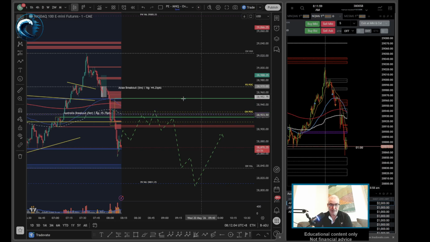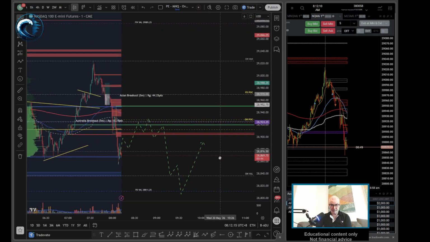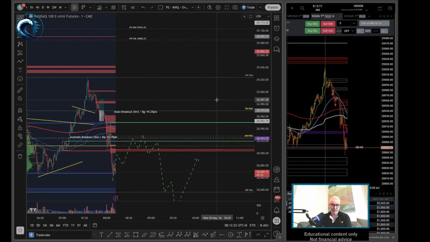Alright, so it'll either chop around here for a good few hours, and then come and take these levels out, and then head up a bit for the London session. So it'll be sort of that choppy little feel, but if there's enough volume in the market, maybe we'll look at coming up here and taking out a few more of these.